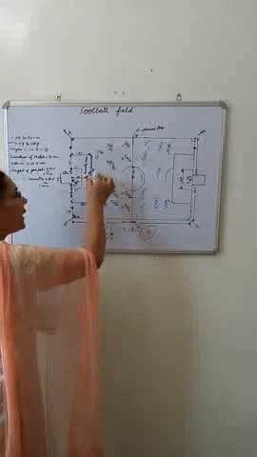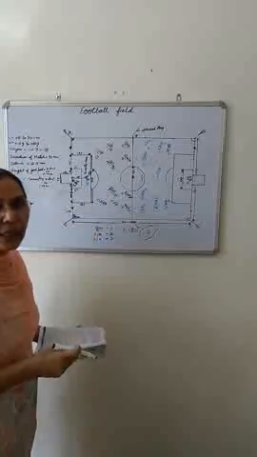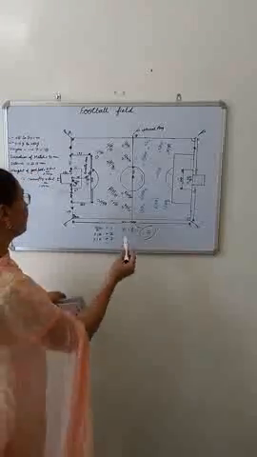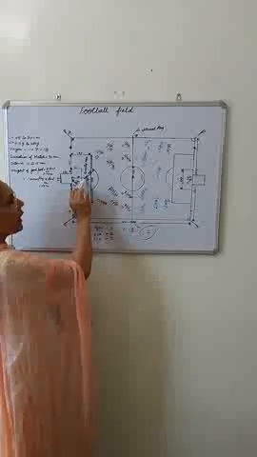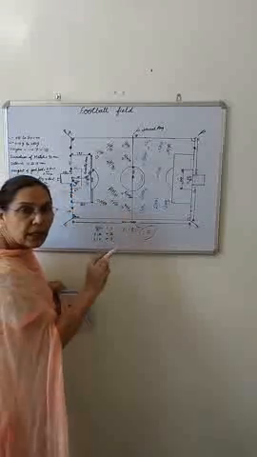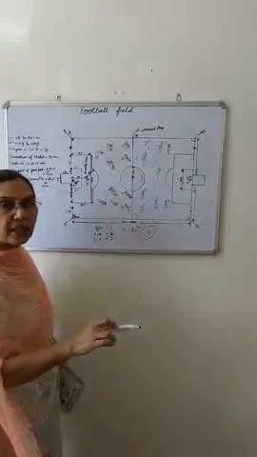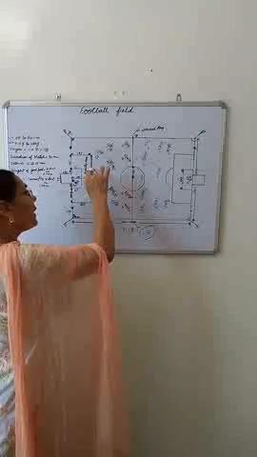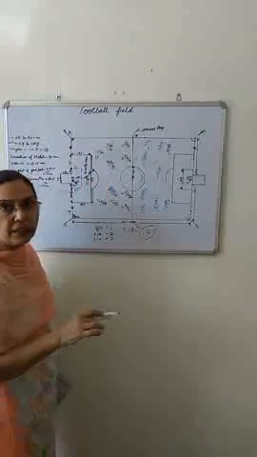That's why this penalty arc is marked. The purpose of the penalty arc is this: when any player is taking the kick from the penalty mark, the rest of the players must be 10 yards away from that. So the penalty arc is marked with a radius of 10 yards.